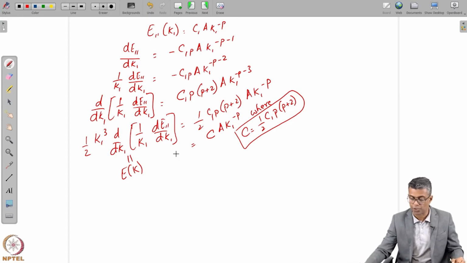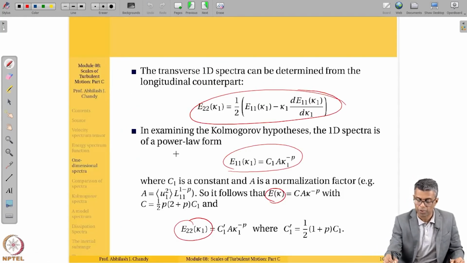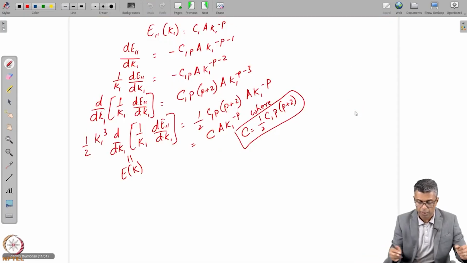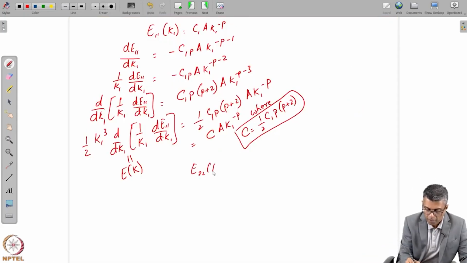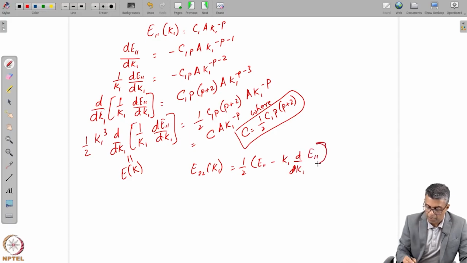Similarly, we can do it for E22. So for E22, I'm going to be using this equation. E22 of kappa 1 is half of E11 minus kappa 1 d/d kappa 1 of E11. So I will have half, here this one is going to be C1 A kappa 1 to the minus P minus kappa 1 d/d kappa 1 of E11, which I already derived here.